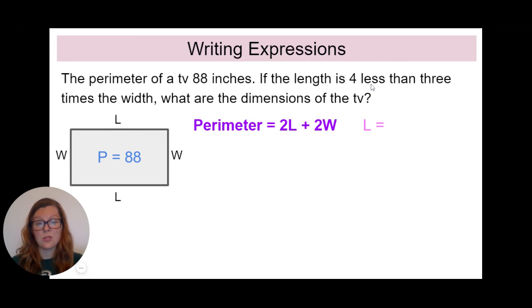So here, 4 less than, remember than, you take 4 less and put it at the end of your expression. So 4 less would be minus 4. And then 3 times the width, well, we don't know what the width is, so I'm just going to keep it as a W and say that is 3W. So overall, I now have an equation for my length. It is 3W minus 4.